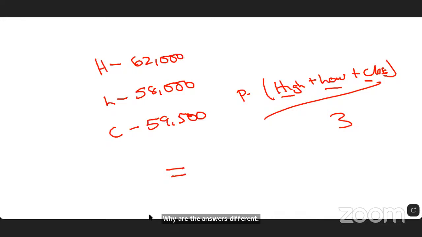Do people have calculators? Now, the challenge is to have so much mathematics. Go to a calculator, write 62,000, add 58,000, add 59,500, and what you get is the total.